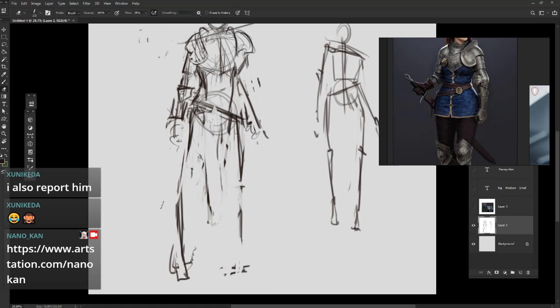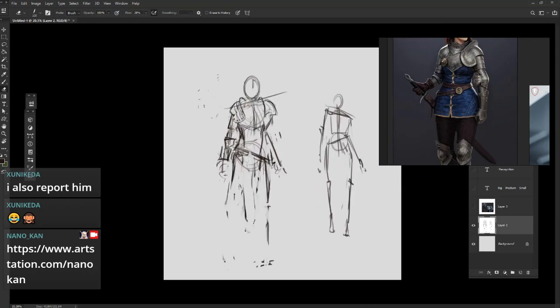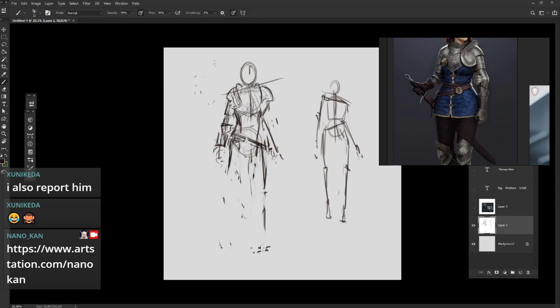That's this part. And now I zoom out because I want to see the whole entire picture. Even though I saw it already, I need much more. It's way easier to draw like this.